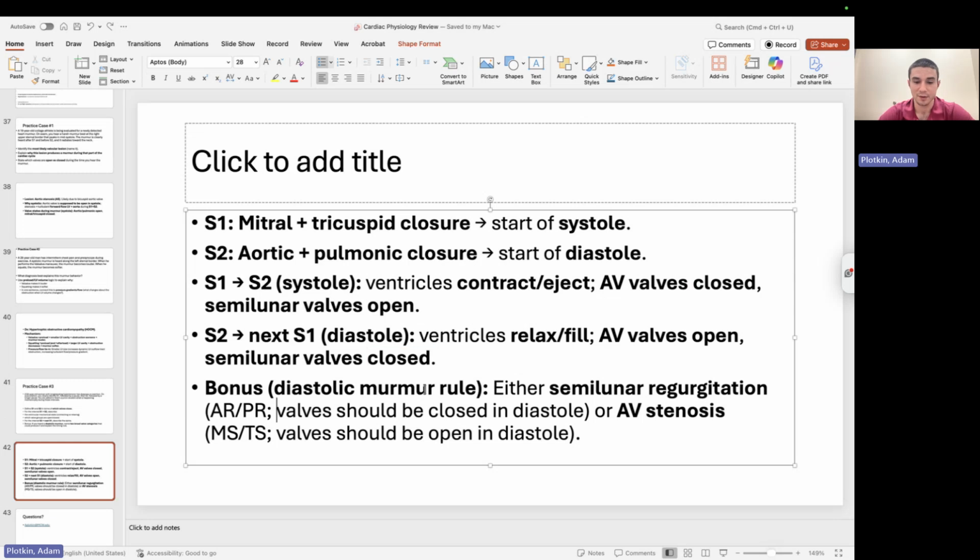So bonus, the diastolic murmur rule. Either we could have aortic or pulmonic regurgitation, because those valves should be closed in diastole, or we could have mitral or tricuspid stenosis.